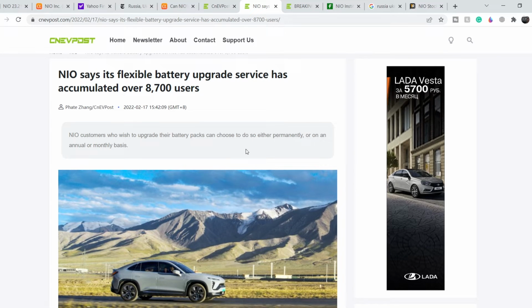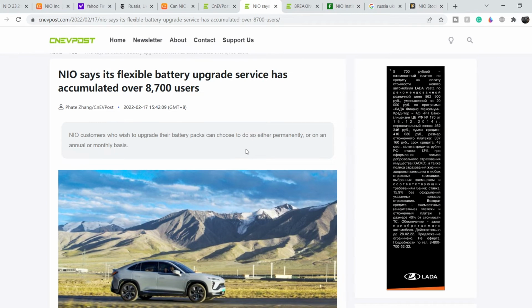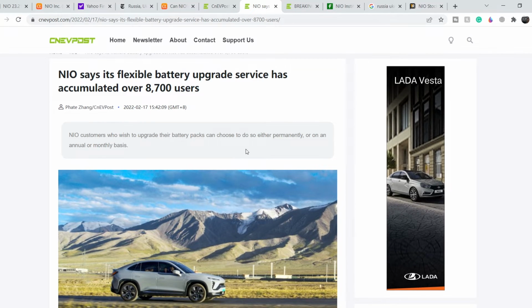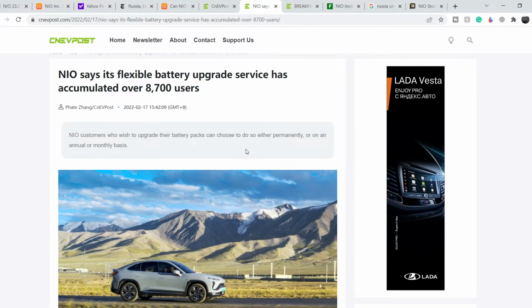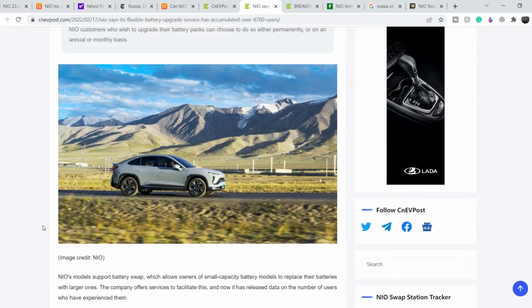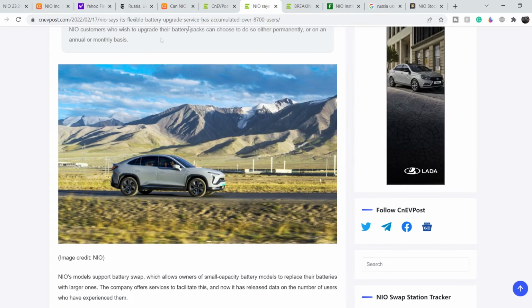Definitely, this is one of the new points of its growth, because a lot of people might use lower capacity batteries in their ordinary life, but if they need, they can upgrade to bigger batteries in order to increase the range.